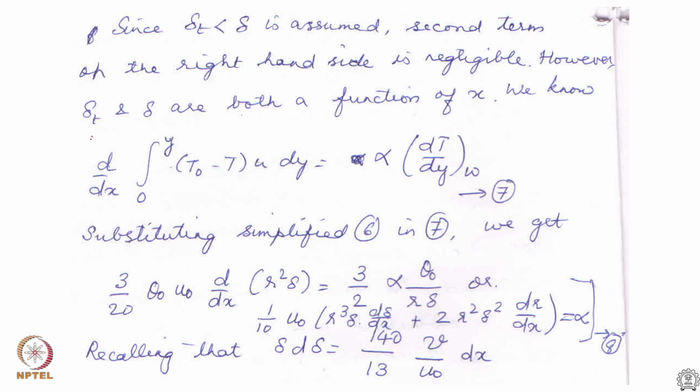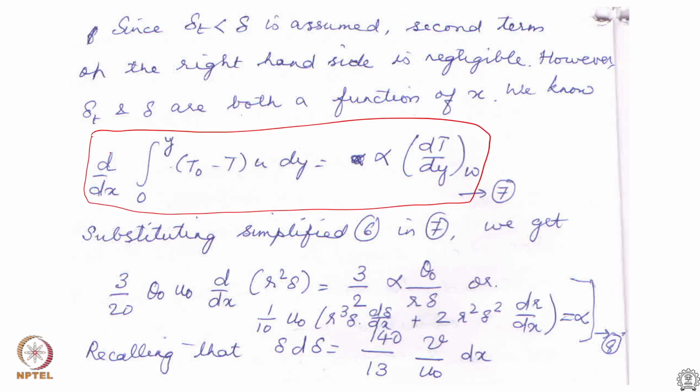If you use that with the standard function that we know for the integral method, you have d by dx of integral of (t naught minus t) times u dy from 0 to y equal to alpha, thermal diffusivity, and dt by dy at the wall.